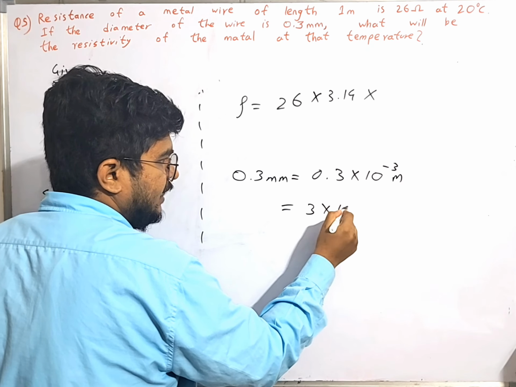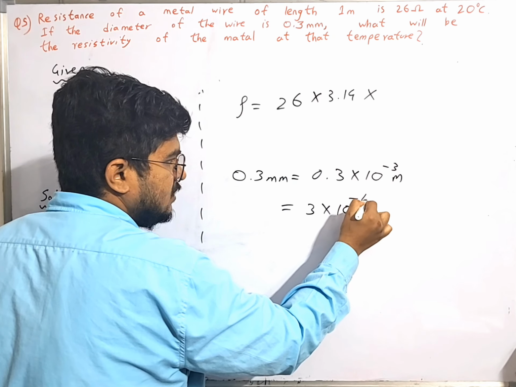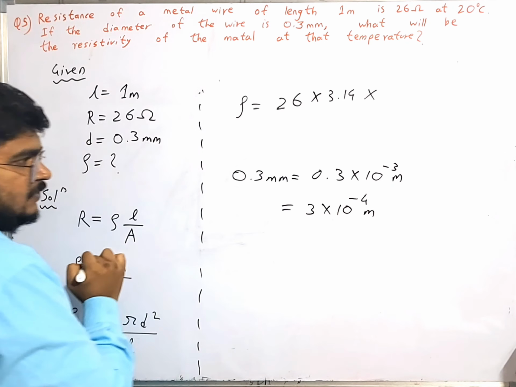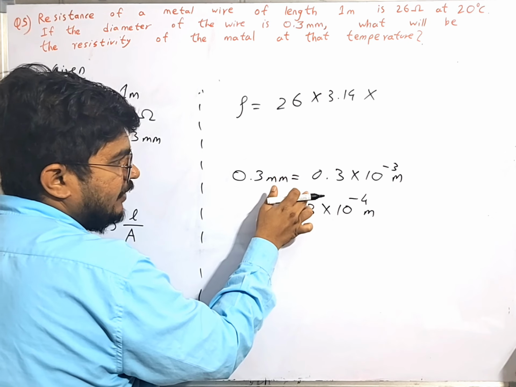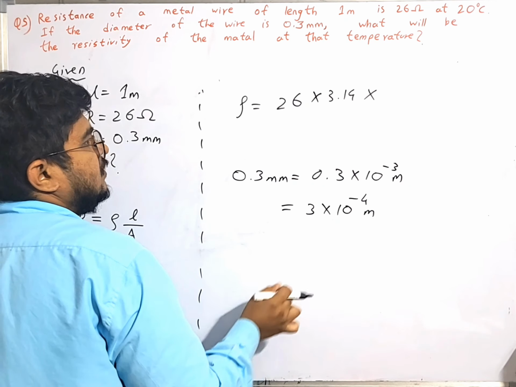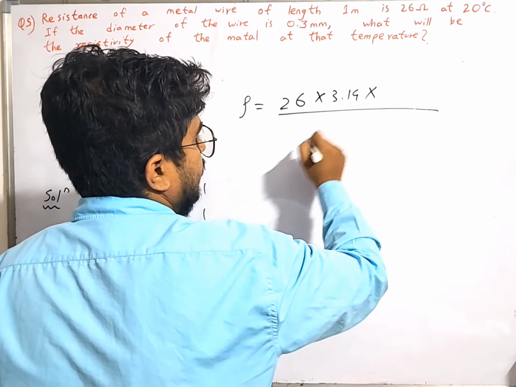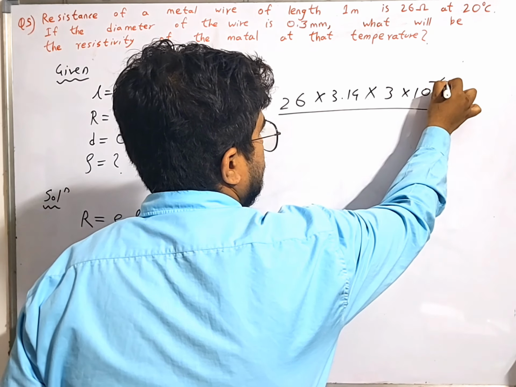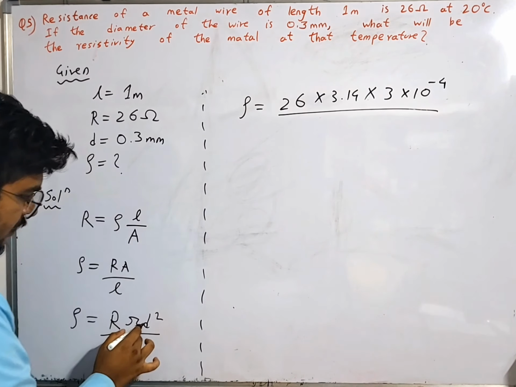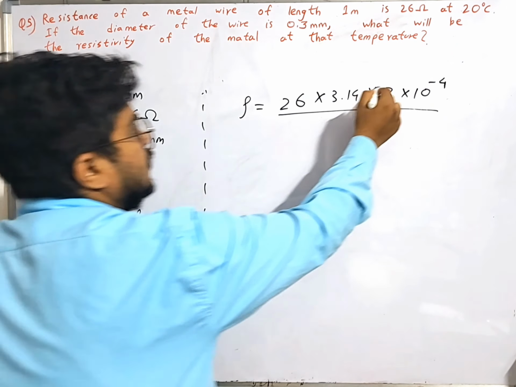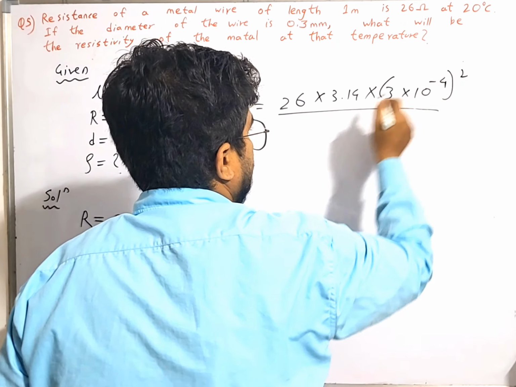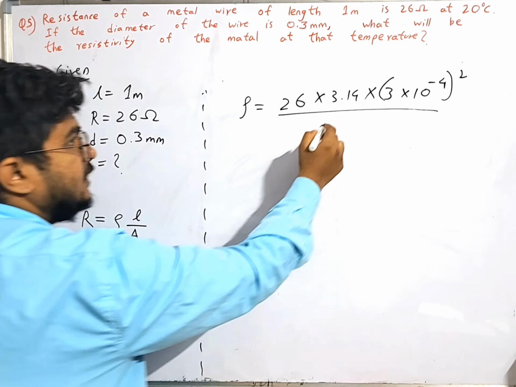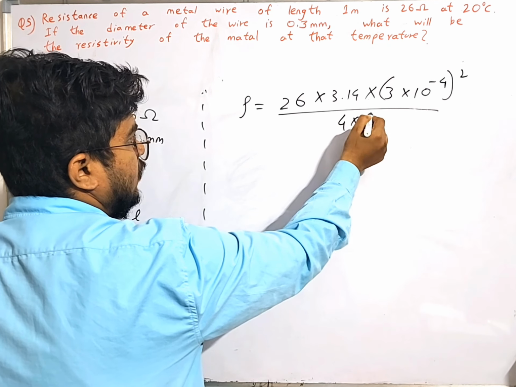So 3 into 10 raised to minus 4 meter. Why? Because we have multiplied and divided by 10. So the value you get is 3 into 10 raised to minus 4 meter. Now if you see here, this value is being squared. So bracket square, and then 4 as it is into value of L is 1.